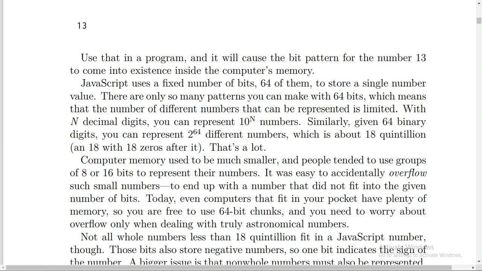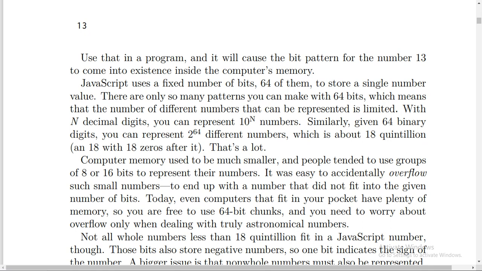Computer memory used to be much smaller, and people tended to use groups of 8 or 16 bits to represent their numbers. It was easy to accidentally overflow such small numbers and end up with a number that didn't fit into the given number of bits.